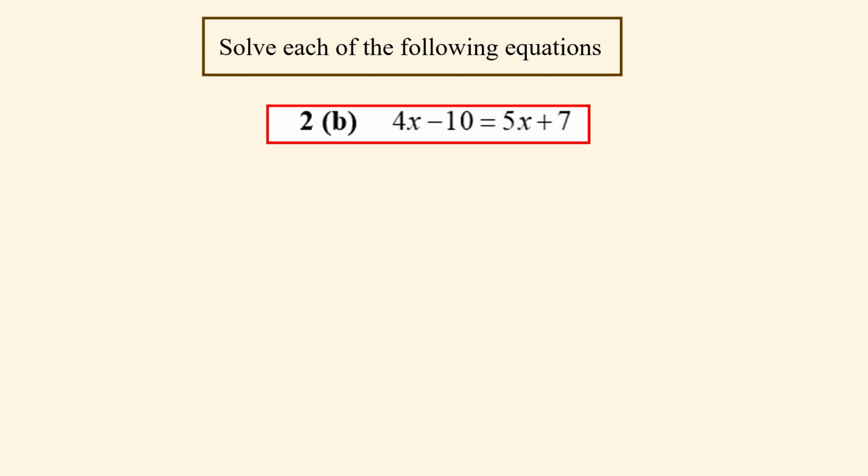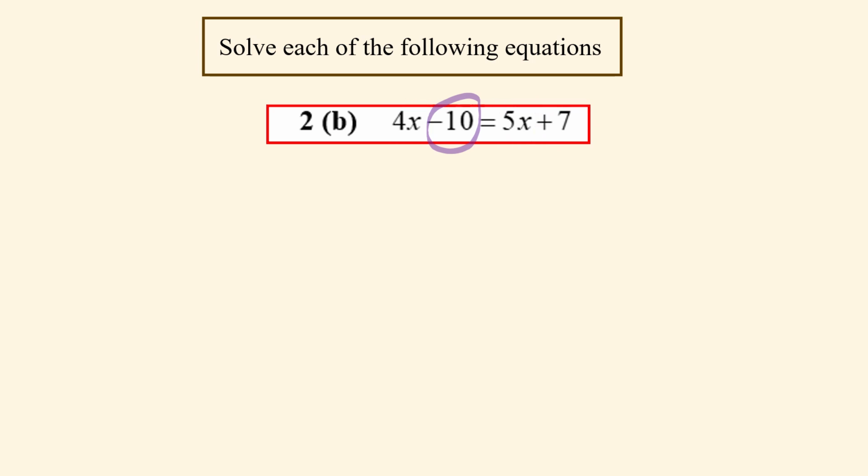Let's look at the next question. So we have 1 term, 2 terms, 3 terms, and 4 terms. Since I'm going to find the value for x, I'm just going to leave 4x alone on the left-hand side, and I'm going to get rid of negative 10 first.